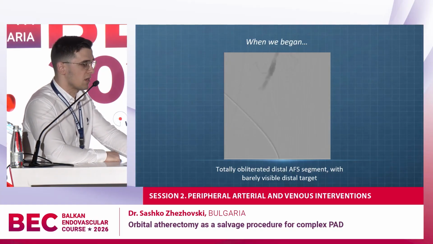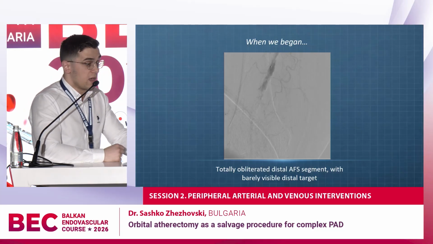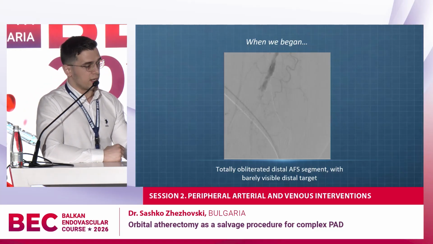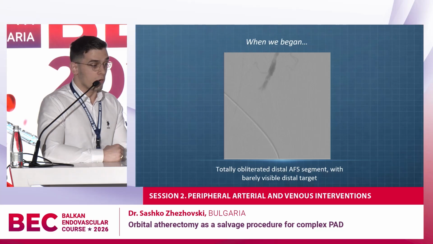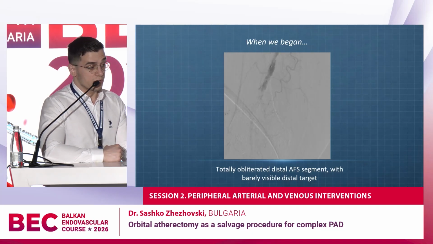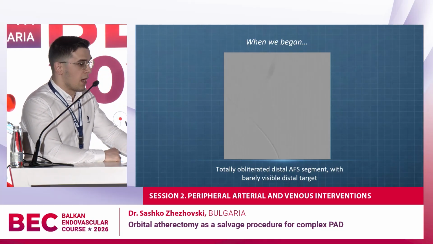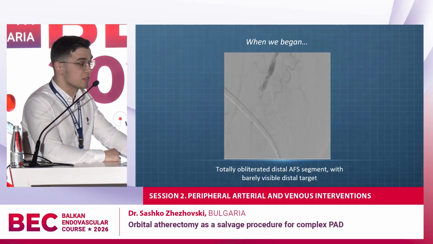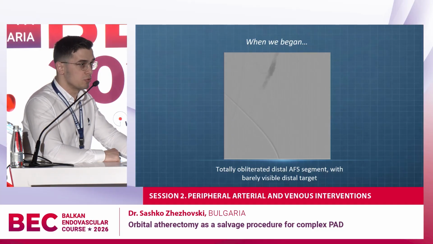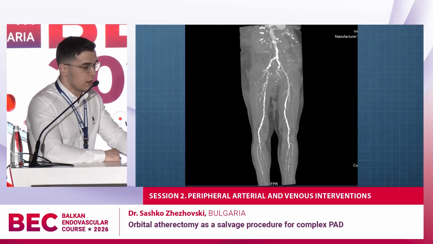This patient arrived with a totally occluded right superficial femoral artery, with a barely discernible distal target. And albeit following recanalization, the result was suboptimal due to the extensive calcifications.